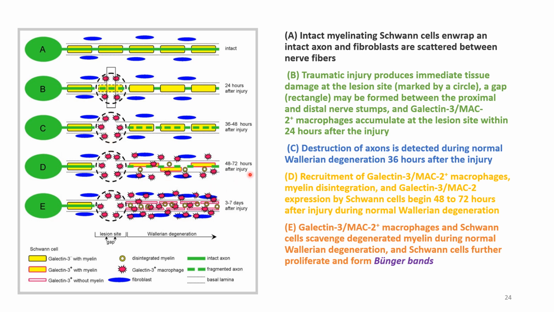Then up to 72 hours, what happens? Schwann cells will exhibit galectin-3. Then more and more macrophages are recruited and they are totally removing the debris. And our Schwann cells will form Bungner bands after 1 week of injury.